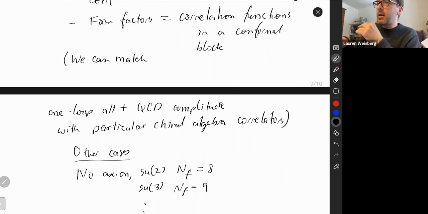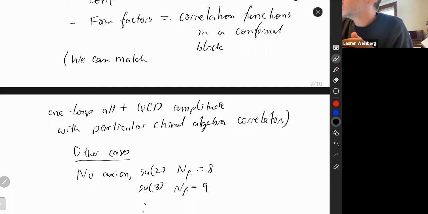So I should be very clear though. There's a nice paper of Strominger and collaborators, since I'm bad at remembering names. Strominger, Ball, Narayan and Salzer.